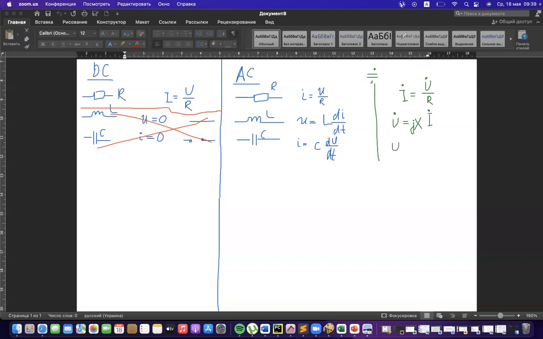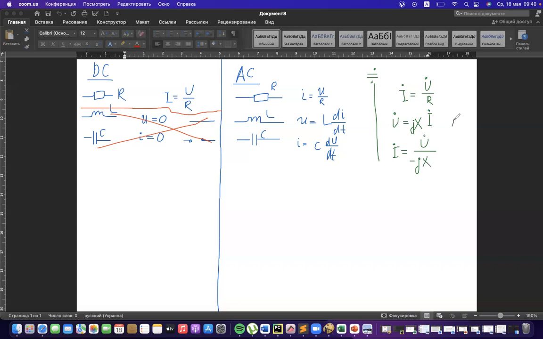For the capacitor, in this variant of writing, instead of current, we obtain voltage divided by the negative resistance of the capacitor.